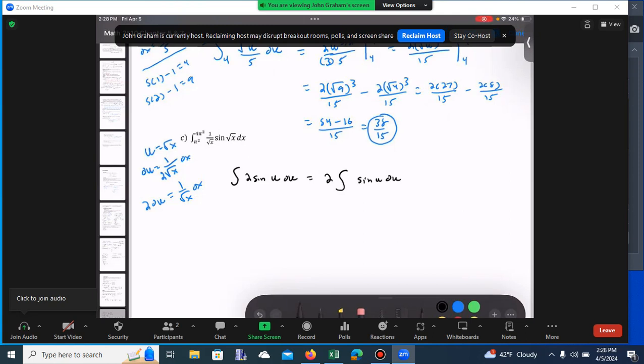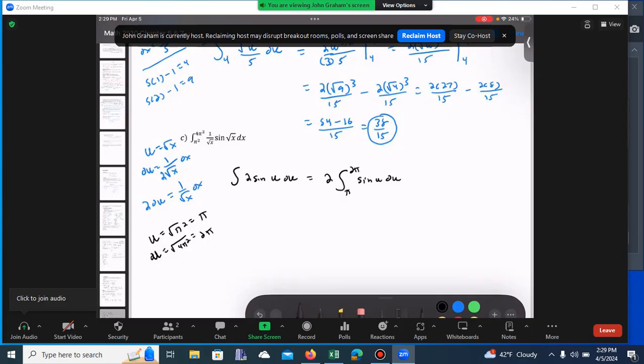Is it to find the new limits, which honestly in this case I think it will be. So to find the new limits, you're taking the square root of pi squared, which is just pi, and the other u would be taking the square root of 4 pi squared, which is going to be 2 pi. So from pi to 2 pi, which is not hard to do.